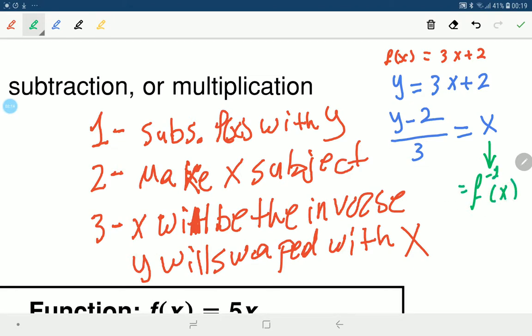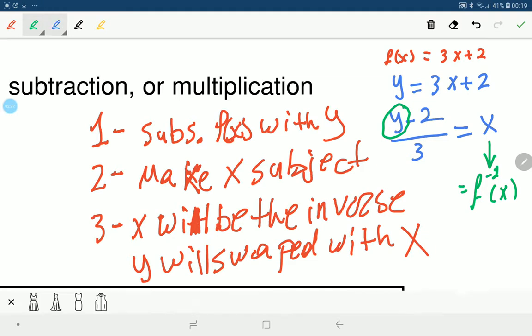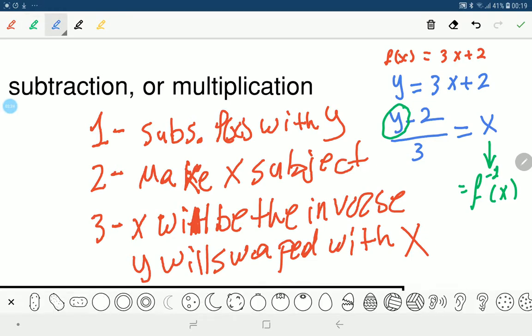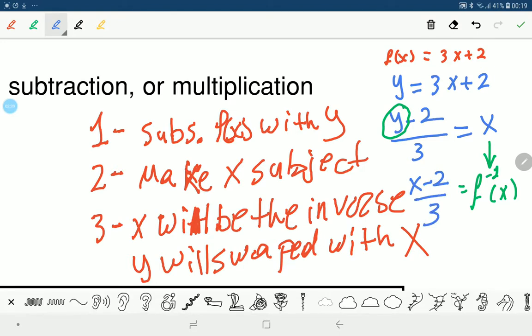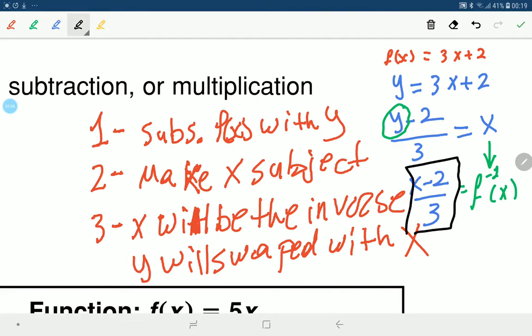The y will swap with x. This y will be written as x, so it will be (x minus 2) over 3. So the f inverse of x will be (x minus 2) over 3.